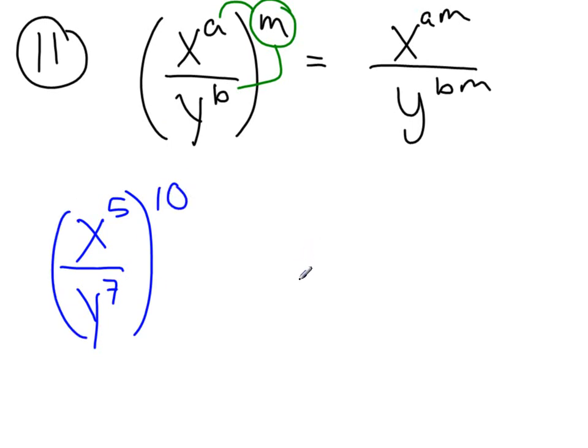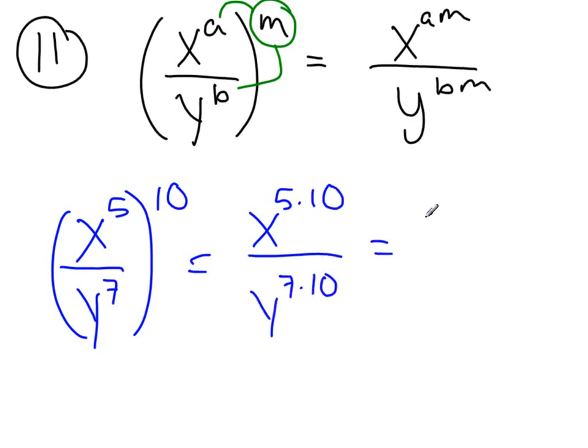So you can write out what this really means, or you can use the beauty of this rule, where we have x to the 5 times 10 over y to the 7 times 10. 5 times 10 is 50, so you could write out x 50 times, that would be a pain. Or you've got y to the 7 times 10, which is y to the 70th. And there's your answer.